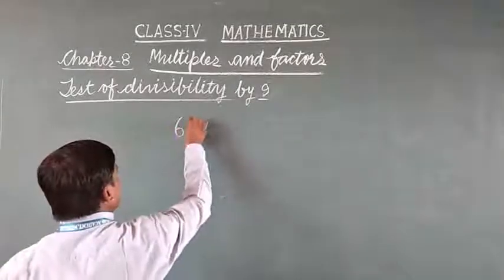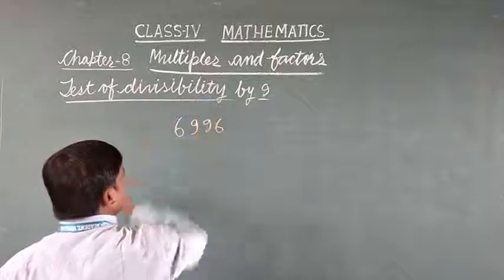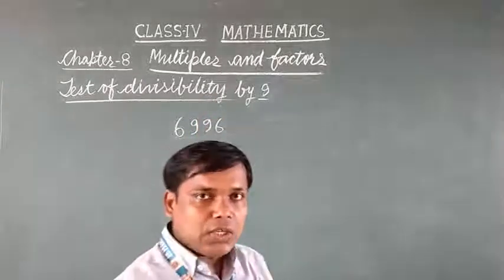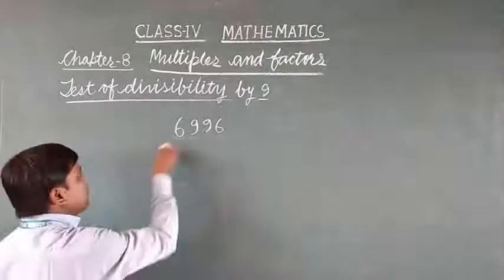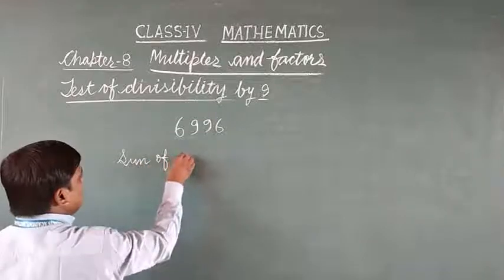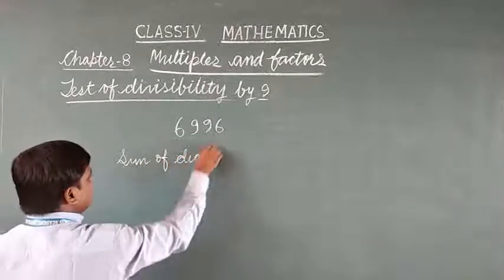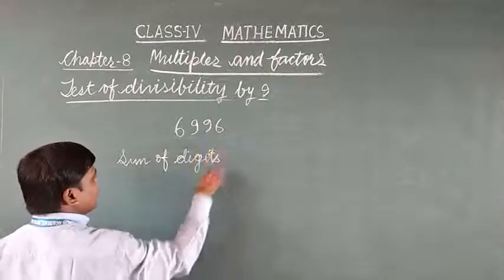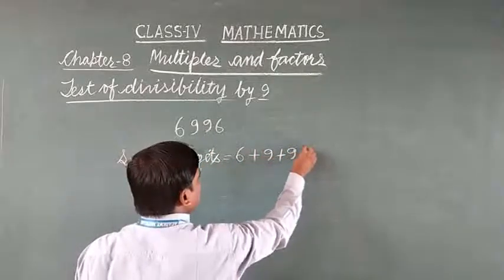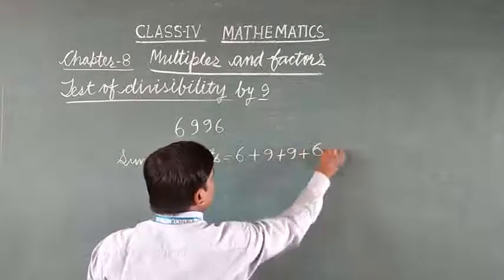For example, 6996. This number is divisible by 9 or not. So you check the sum of the digits. Sum of digits is equal to 6 plus 9 plus 9 plus 6.